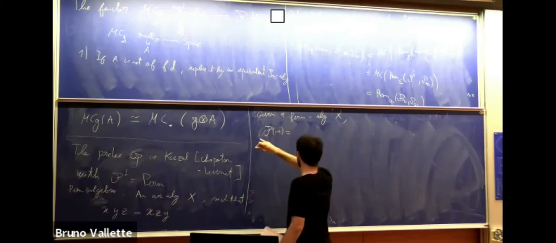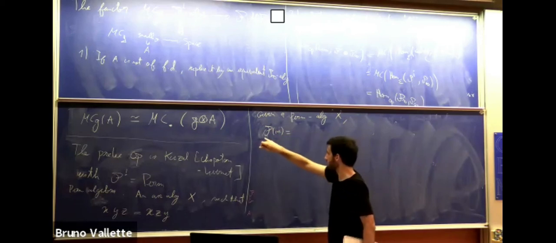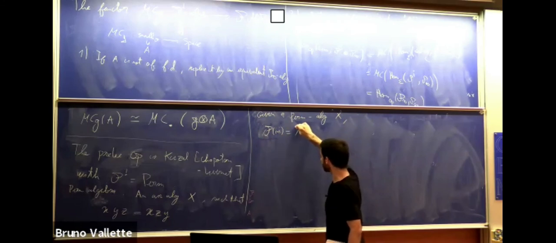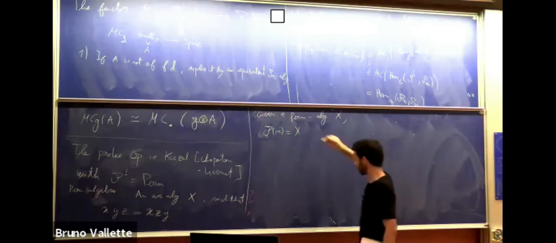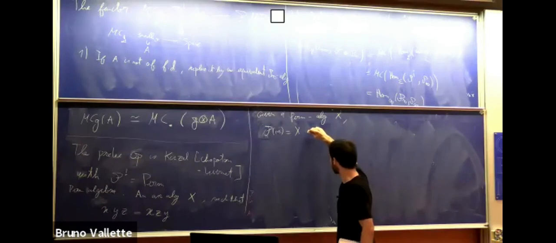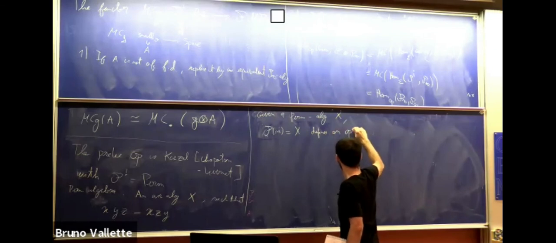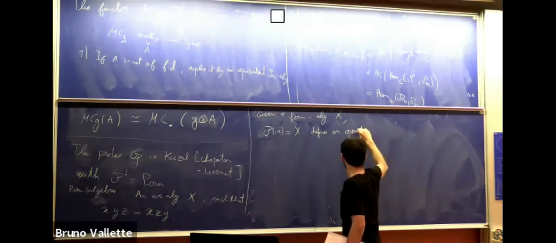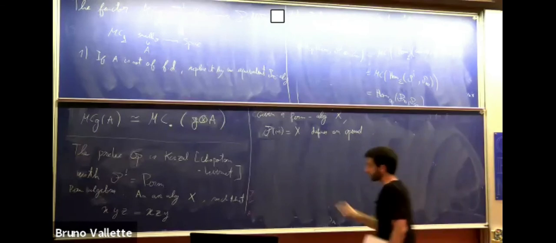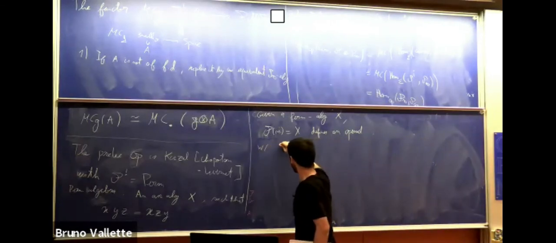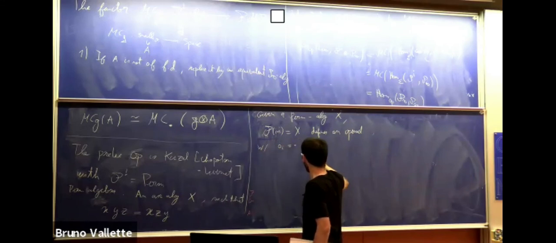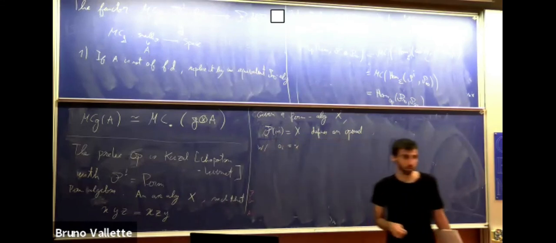We can define an operad Pn that is in every arity equal to X. And this defines an operad with partial compositions, where every partial composition equals the product in X.